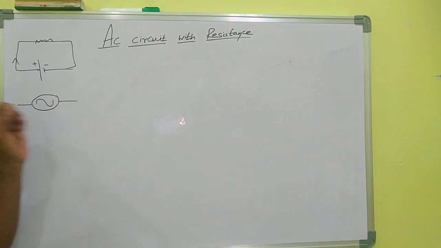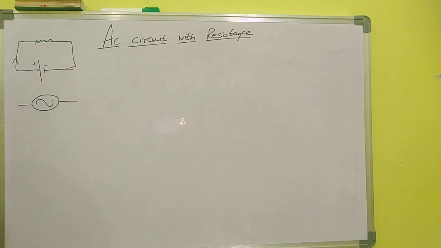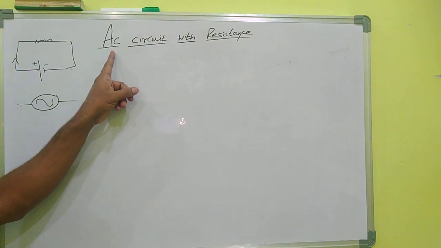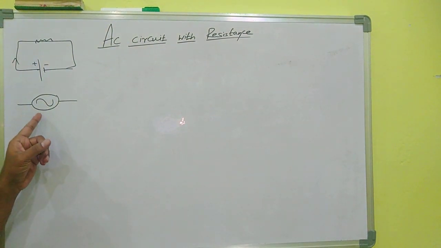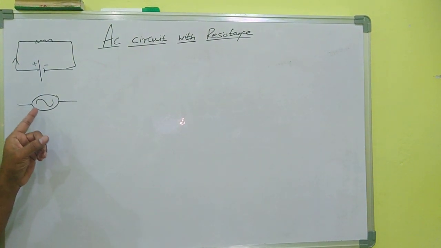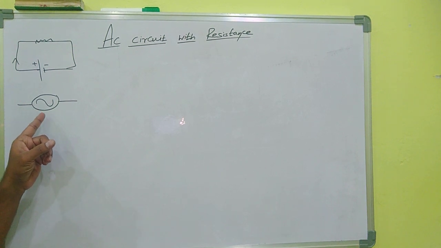In the case of steady current, that means DC, the battery provides a steady current. But in the case of an AC circuit with a resistor, we may use this symbol. This is for AC, alternating current or alternating voltage.